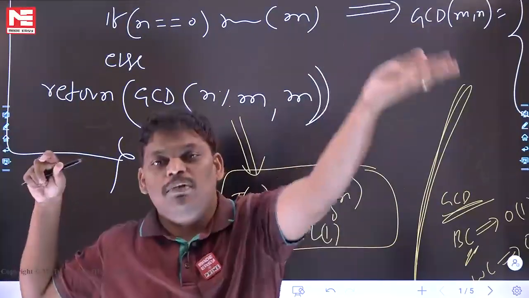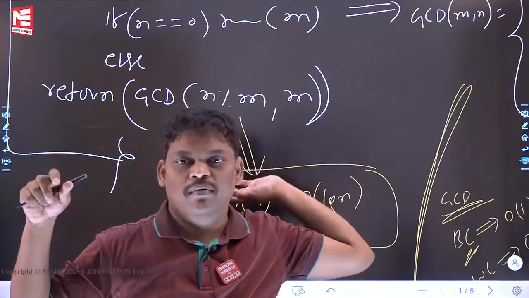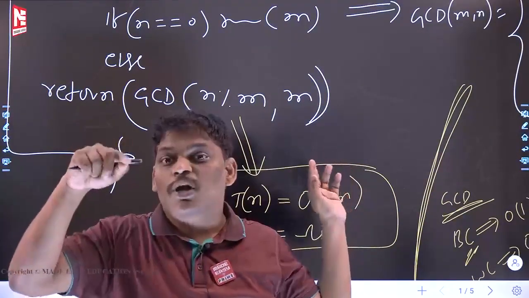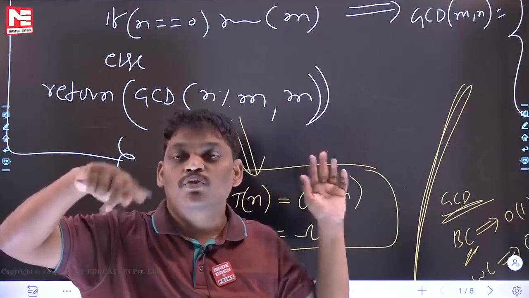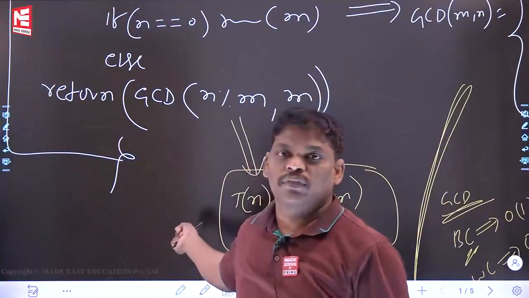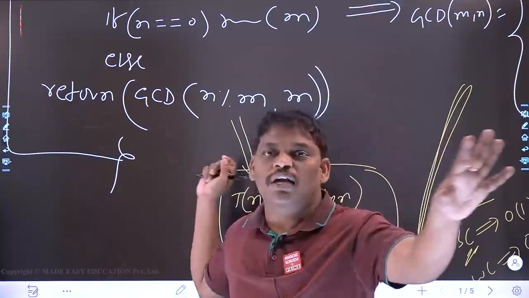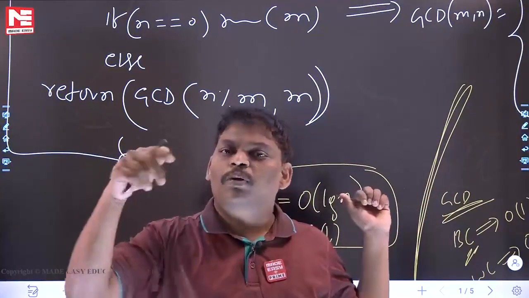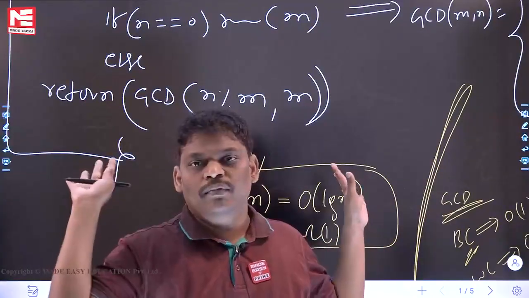So I took an upper bound of 2 power n and a lower bound of 2 power n by 2. The previous problem's T(n) is actual, which we don't know, so I wrote upper bound and lower bound. But here I know T(n) is either log n or 1. So what I want to say is, you can write upper bound and lower bound anywhere.